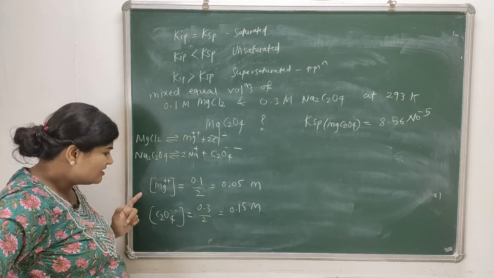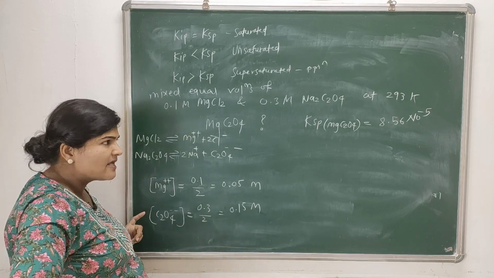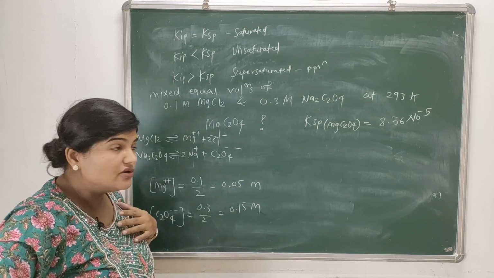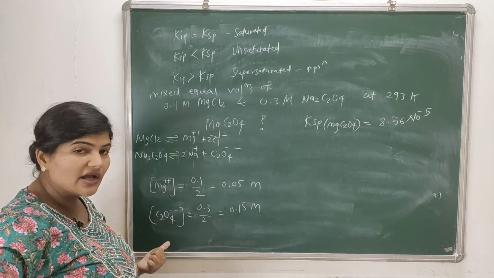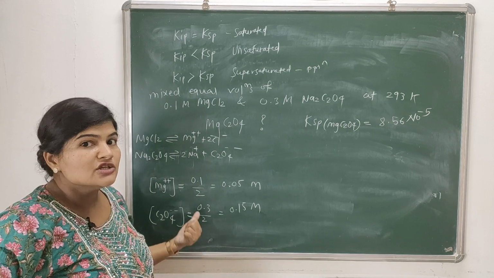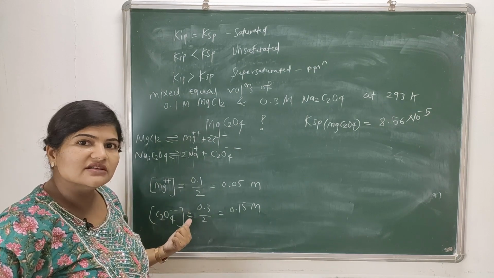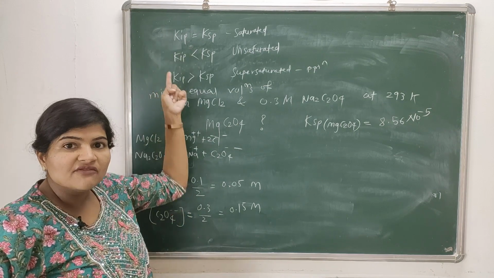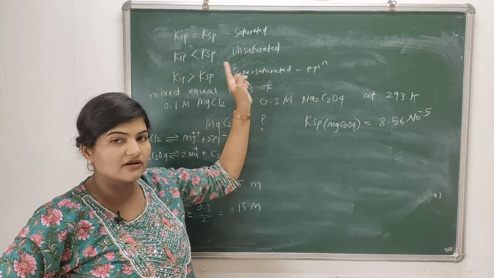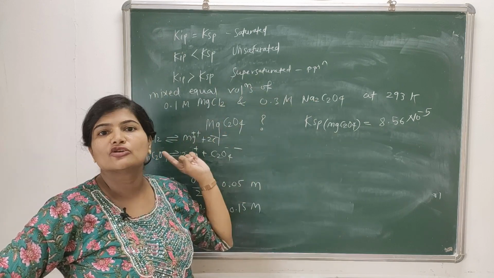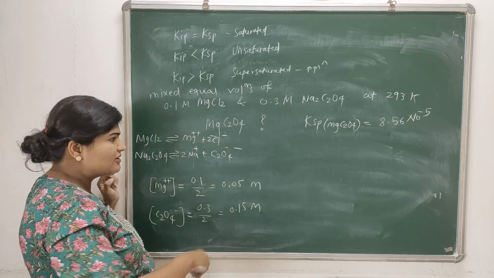Now I have the concentrations of the ions. What I want to figure out is whether the salt made by combining these two ions will precipitate or not. For that I have to consider whether the ionic product of this salt exceeds the solubility product or not. So I will calculate the ionic product.